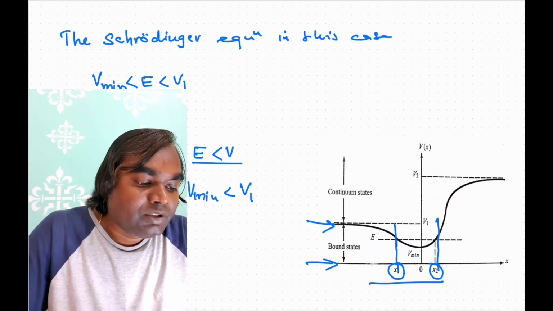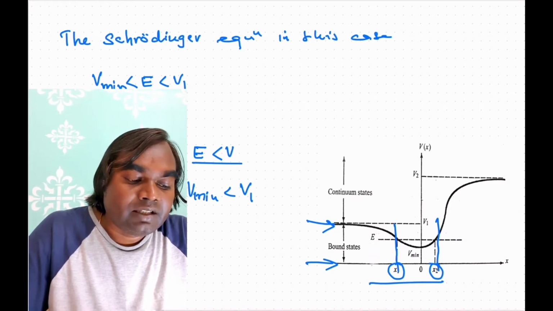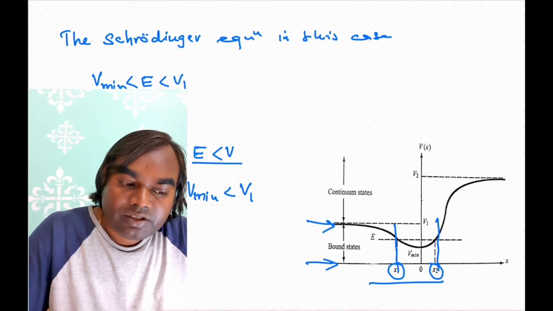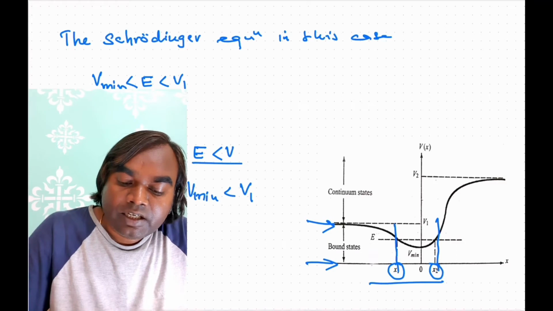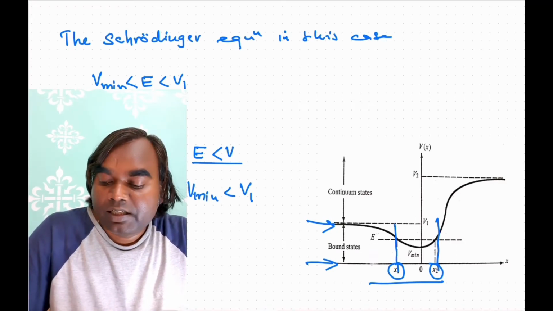We need to use the boundary conditions to find the wave functions with the help of the Schrödinger equation. So friends, to solve the Schrödinger equation for a particle in a bound state, we need boundary conditions.